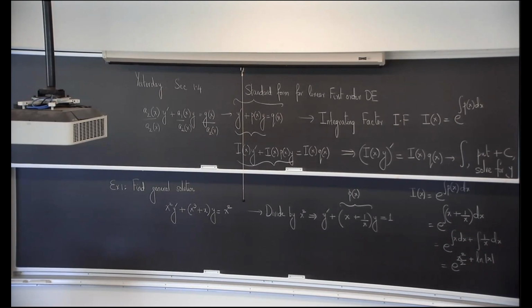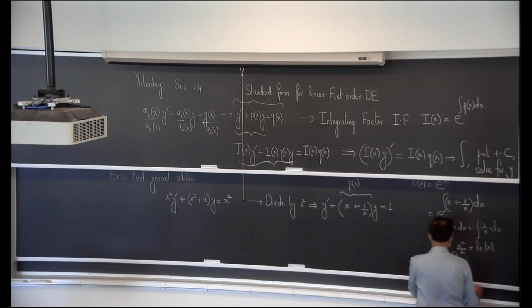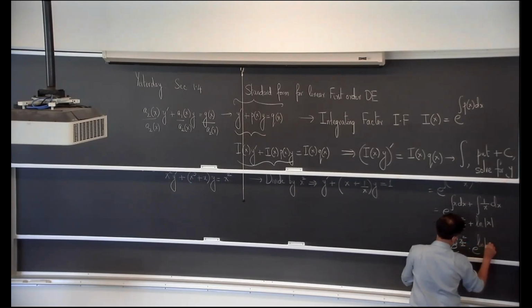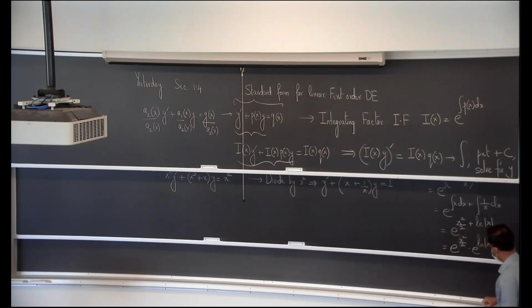How do we simplify this? e to the x square over 2 times e to the power of ln x, so this becomes x, and this is still e to the power of x square over 2.